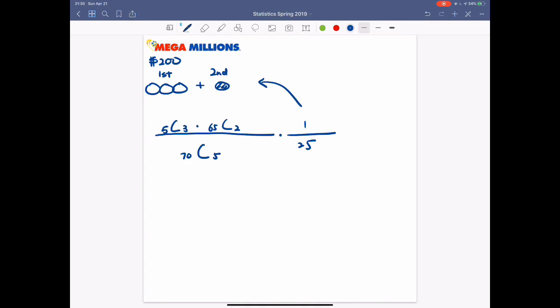In total we get 6.874 times 10 to the negative 5, which matches the odds given in the question, 1 out of 14,547.